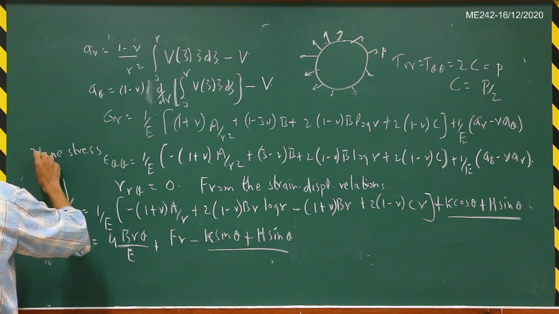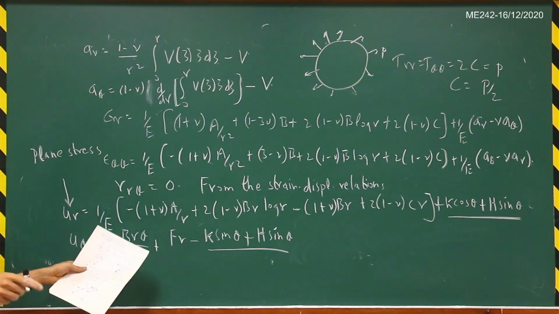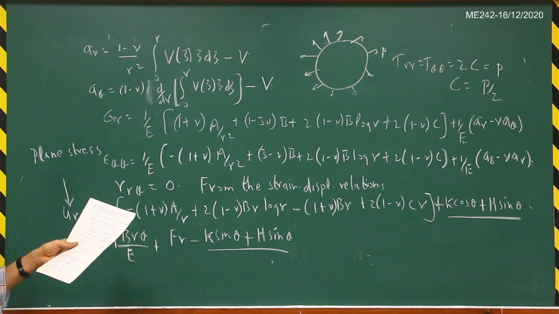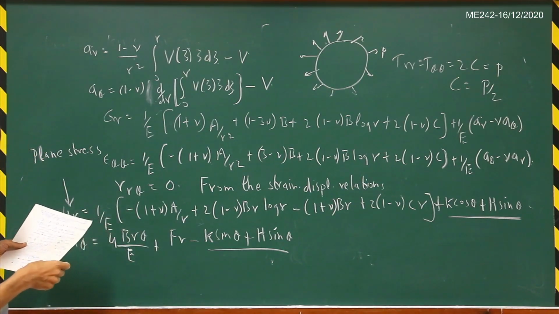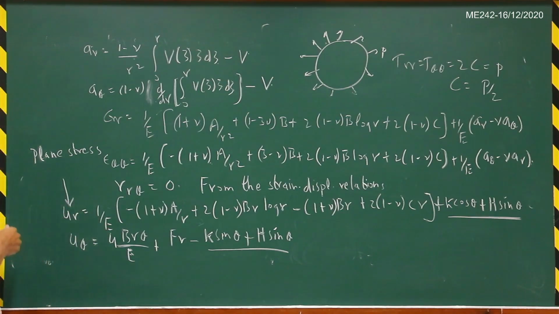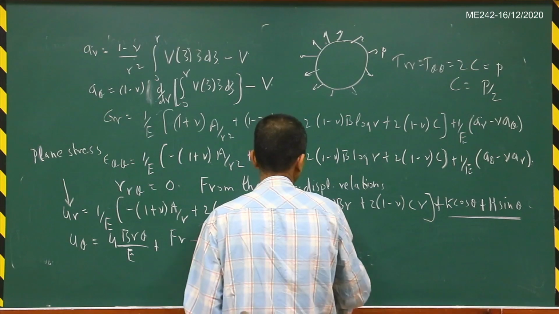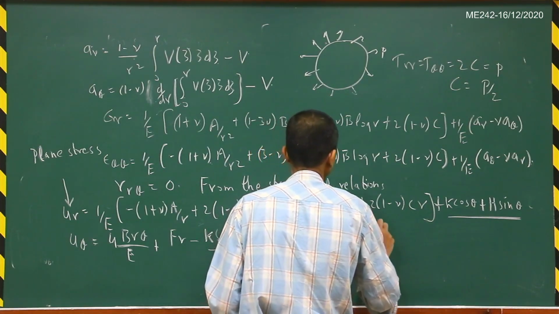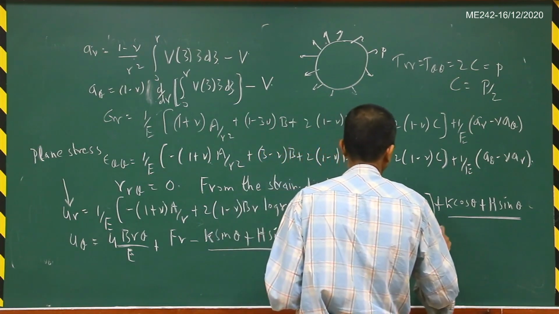And if you want plane strain, then as usual replace E by E divided by 1 minus nu square and nu by nu divided by 1 minus nu. That is the usual thing that we do.